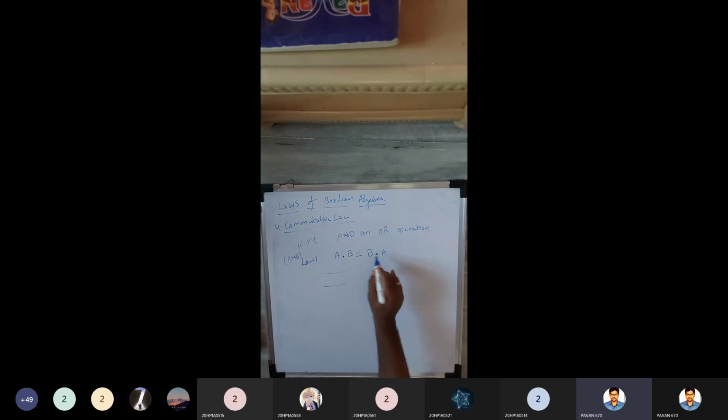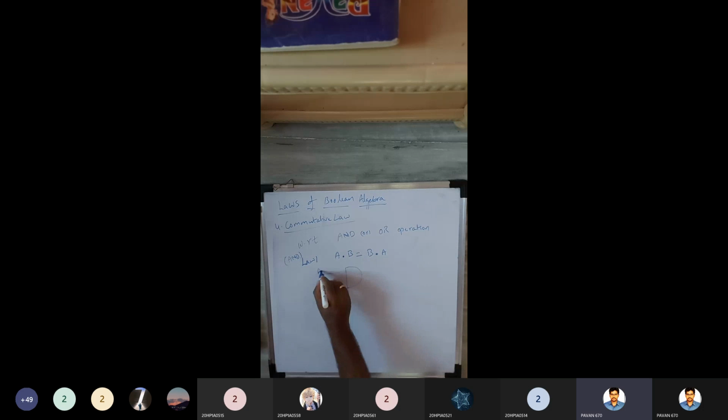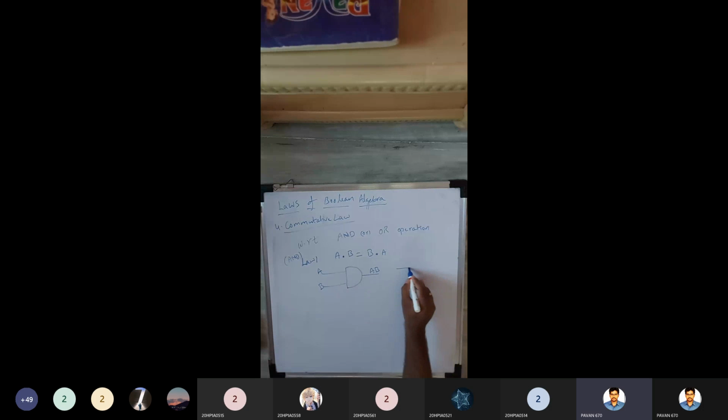A dot B is equal to B dot A with respect to AND operation. First input is A, second input is B, and it gives AB. Similarly, if I change the position of the variables, first input is B, second input is A, then also BA, which is nothing but the same. That is the meaning of commutative law.